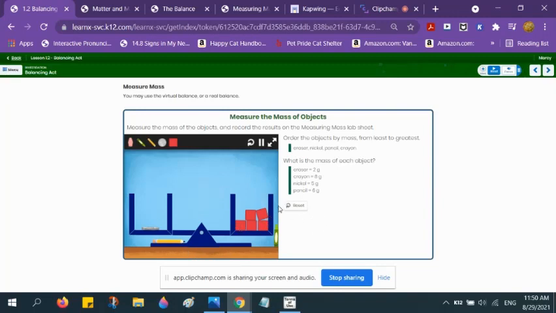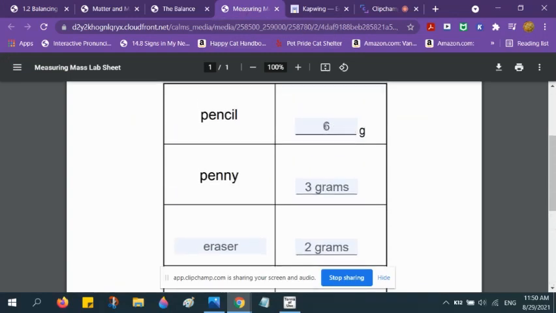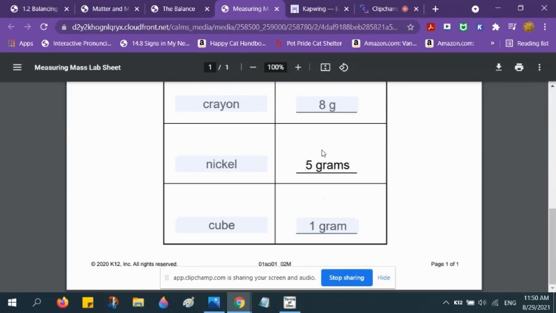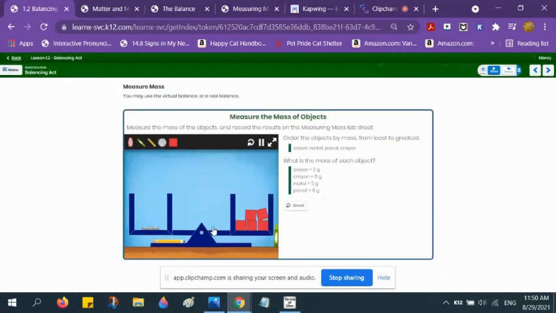And the pencil was 6 grams. I think we got that one right. So it's okay. Sometimes it's hard to get a completely accurate measurement here with just a pan balance. Sometimes you need a scale to find that kind of accuracy.